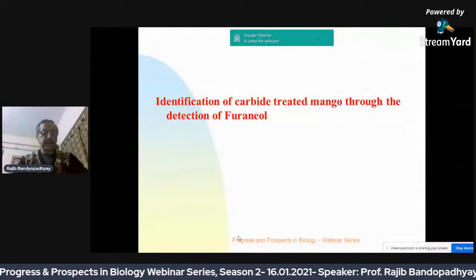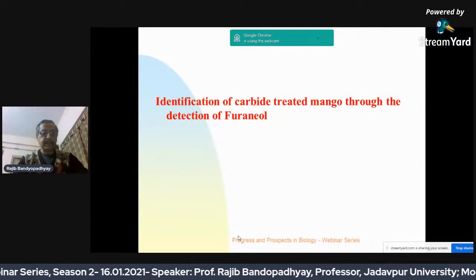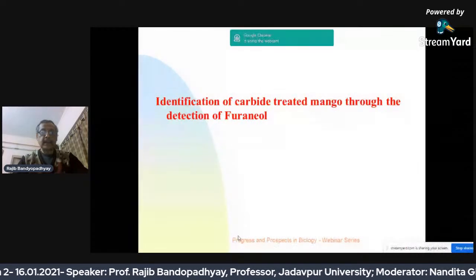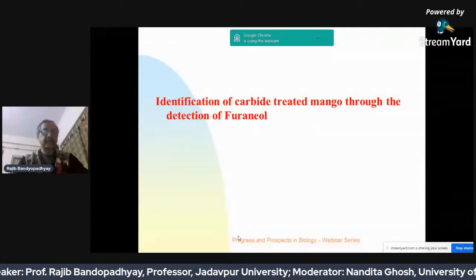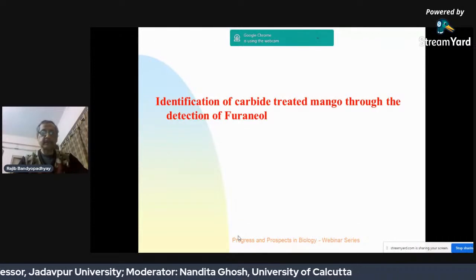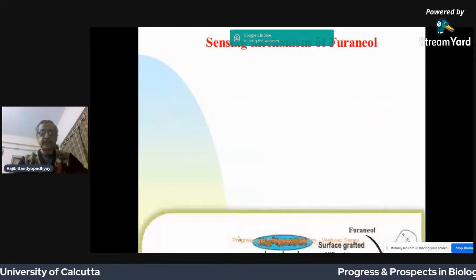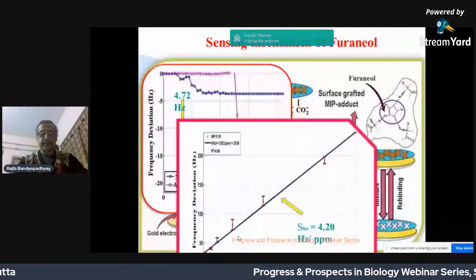We have done a limited experiment with only a few samples of mangoes, but definitely it has good potential. Since it's a negative test, we have to explore with many other types of mangoes and other artificial ripeners also. Okay, so this is all about this MIP.